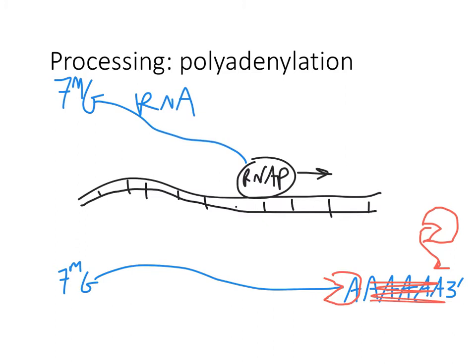There's a specific DNA sequence that RNA polymerase recognizes, and its related associated proteins detect, and that tells RNA polymerase where to stop. So that signal sequence is the polyadenylation signal sequence.